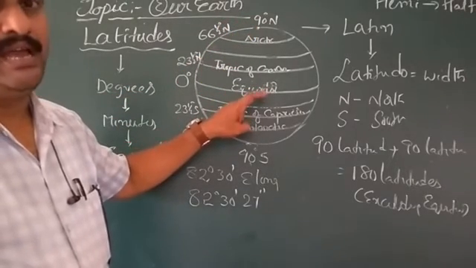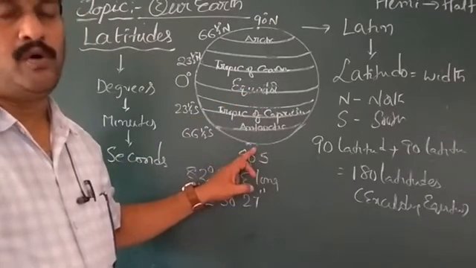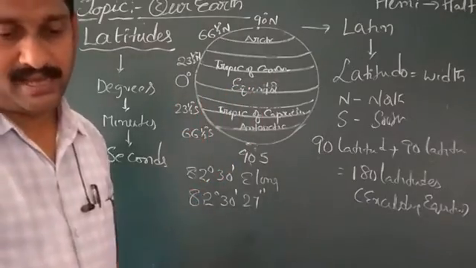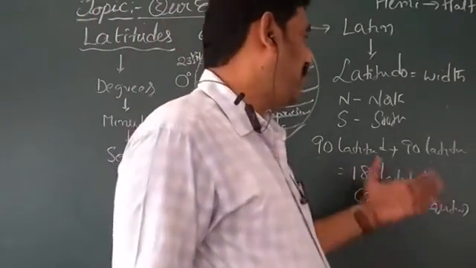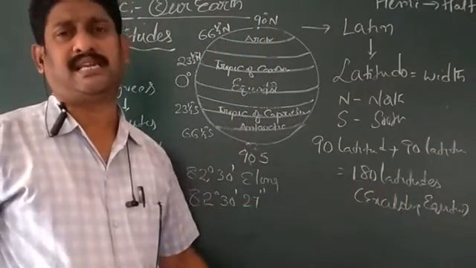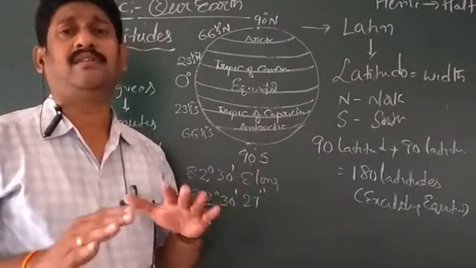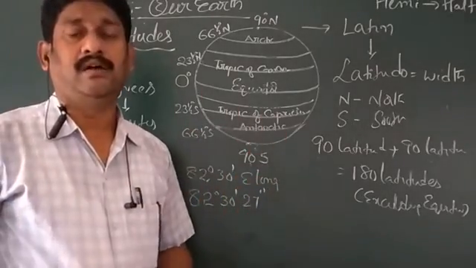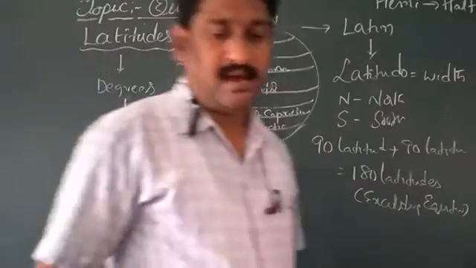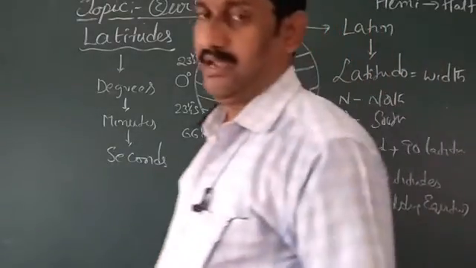The region between the equator and the South Pole is the southern hemisphere. How many latitudes exist? All these are imaginary lines. Actually, we do not have any original lines on the surface of the earth. So there are 180 main latitudes, not counting the equator.